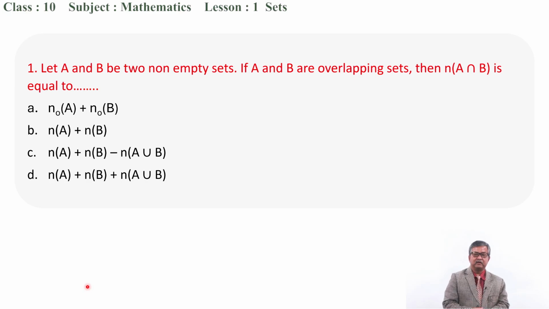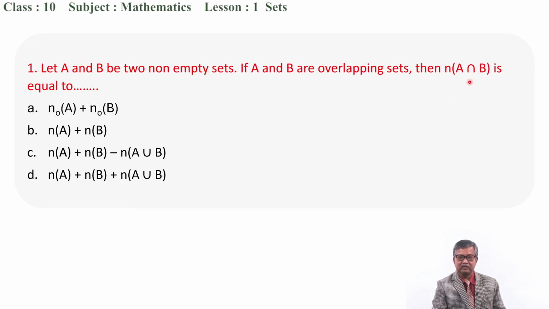Now let's discuss some problems, just for fun for you. Let A and B be two non-empty sets. If A and B are overlapping sets, then the cardinal number of A intersection B is equal to what? A and B are overlapping sets, and the intersection of these two sets is equal to what?